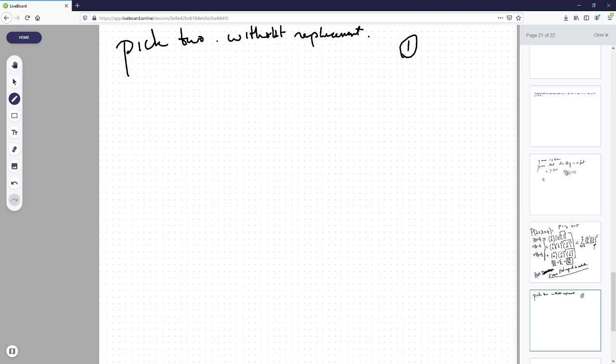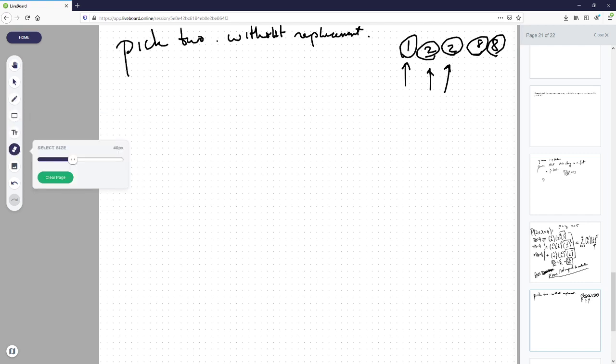Well, we have a 1 ball, we have a 2 ball, we have a 2 ball, we have an 8 ball, and we have an 8 ball. And so if I pick the 1 ball, I don't get 1 ever again. If I pick this 2, I can get this 2, but the probability changes depending on what happens.